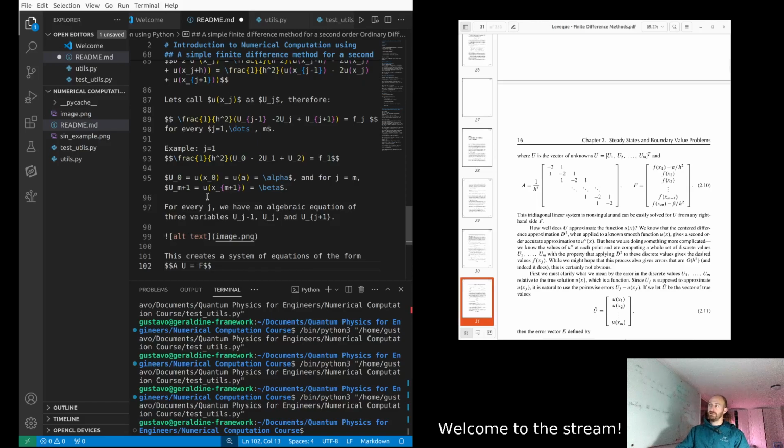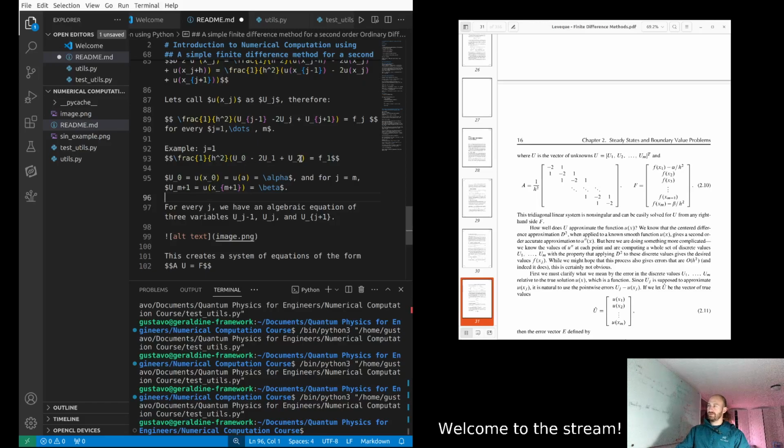Maybe it would be good to explain what is happening at the first and the last row of this, following that the boundary conditions are alpha and beta.